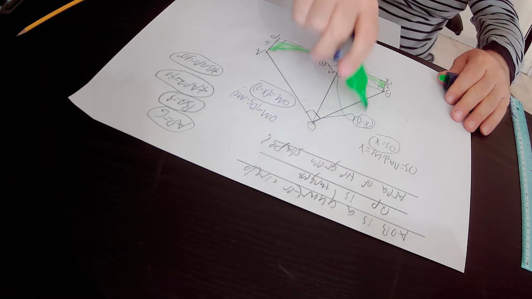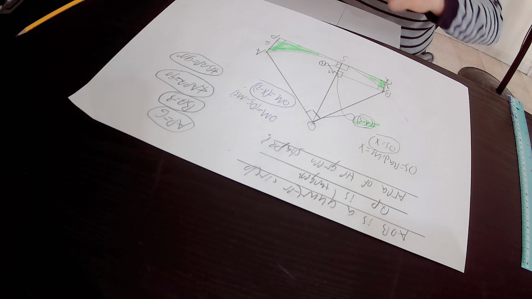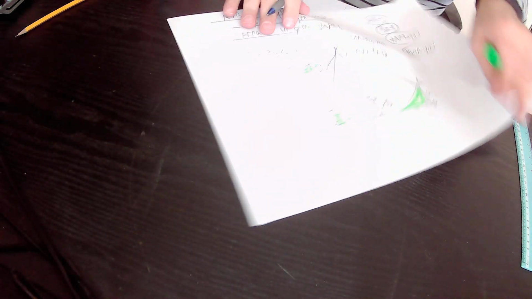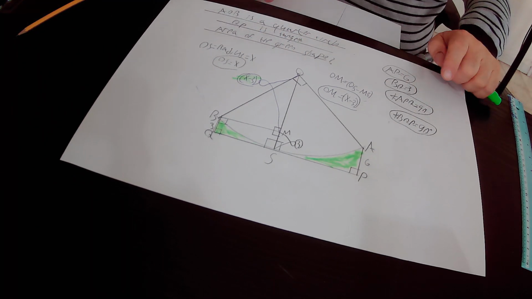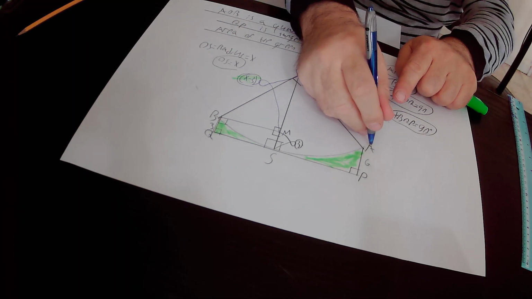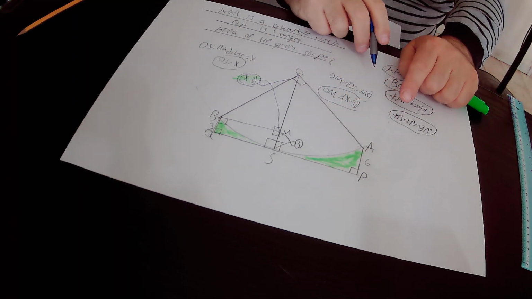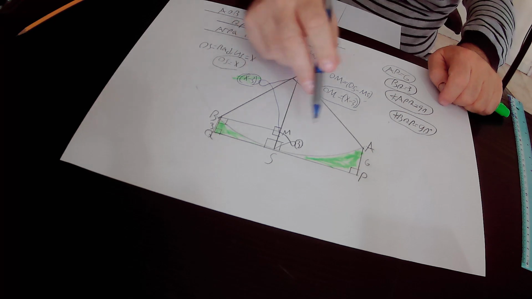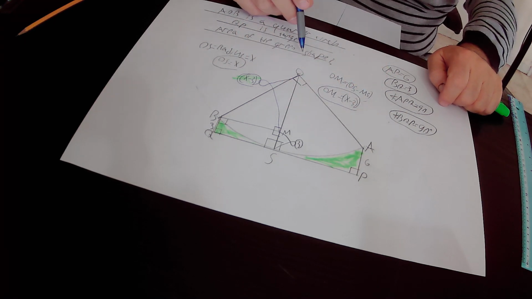In the next step, we will do another construction. From point A, we will draw a perpendicular on OS.